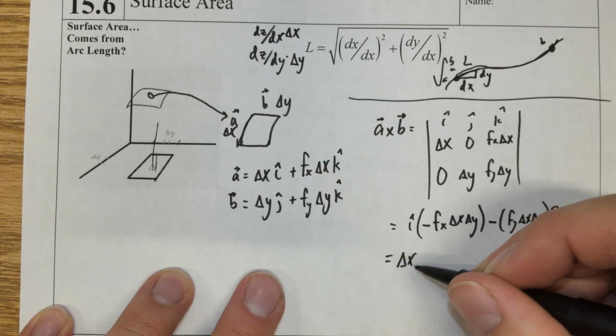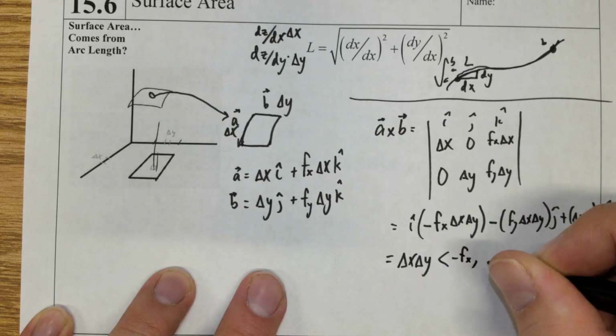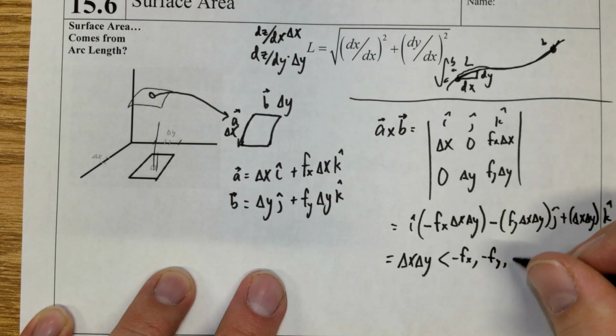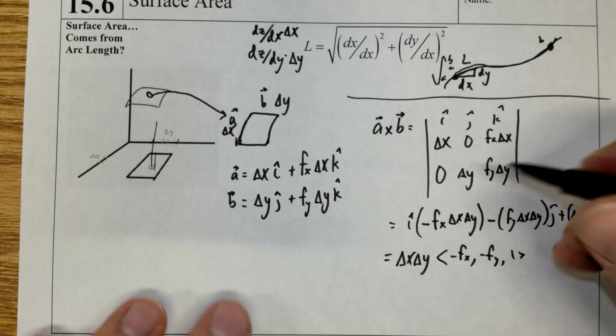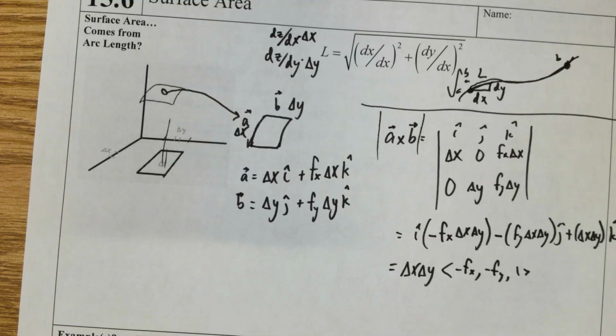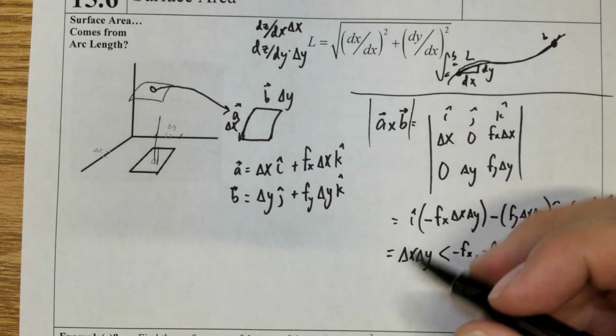What if I factor out the delta x delta y? What if I took the magnitude? Because that's going to give me the area of the parallelogram. This just gives me some orthogonal vector. Let me take that magnitude.